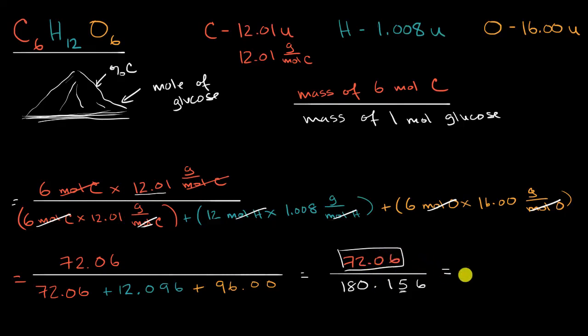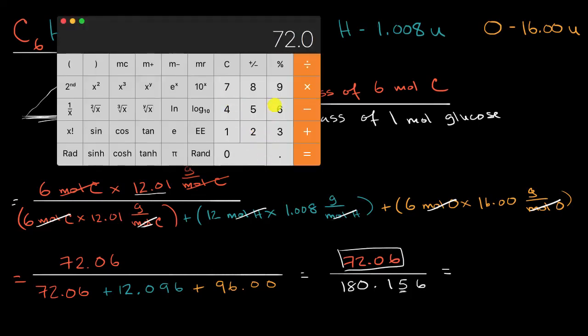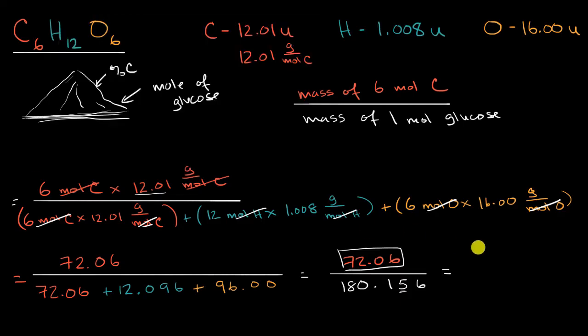So we just have to calculate this and round to 4 significant figures. 72.06 divided by 180.156 is equal to, and if you round to 4 significant figures, this will be approximately equal to 0.4000, or we could say 40% or 40.00% carbon by mass when we round to 4 significant figures. And we are done.